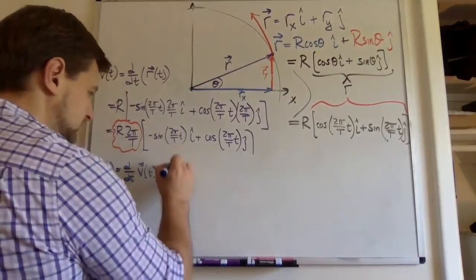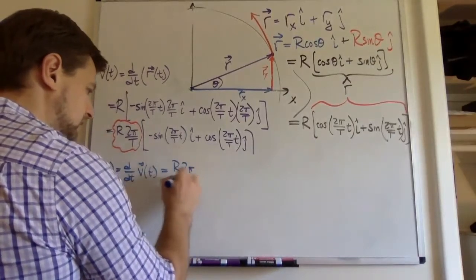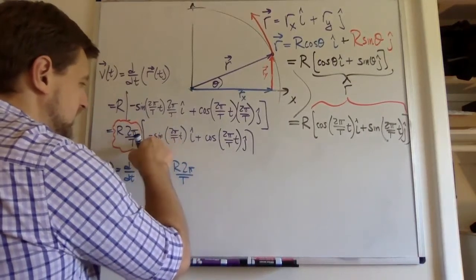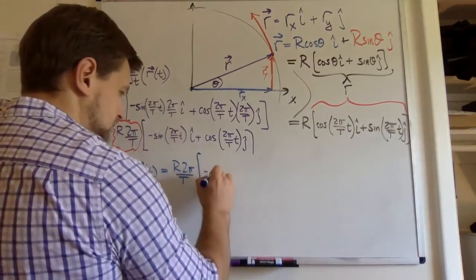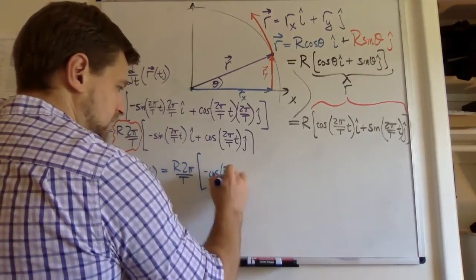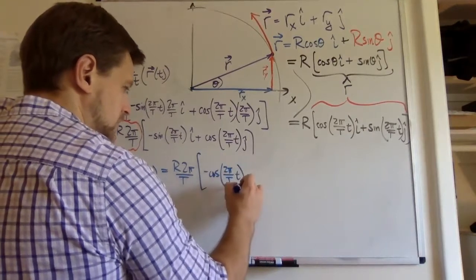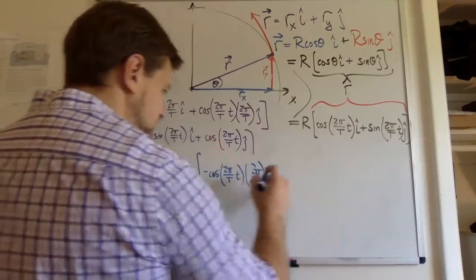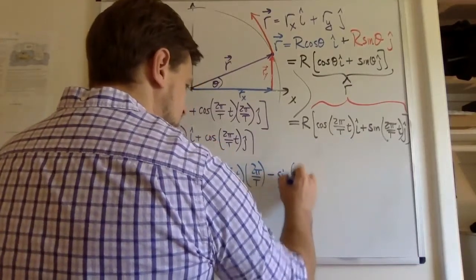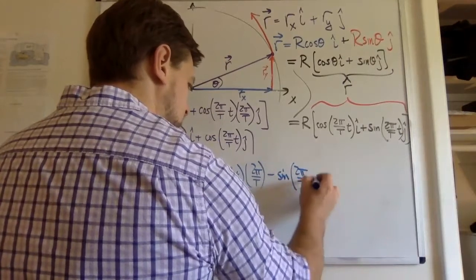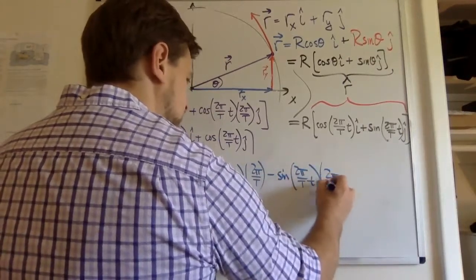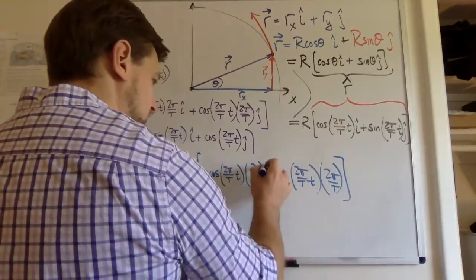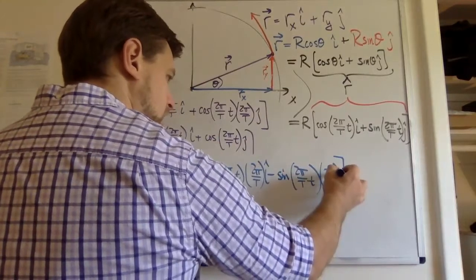We can leave it out front here, r 2 pi over capital T. Here, the derivative of negative sine is negative cosine, the argument, times the derivative of the argument. The derivative of cosine is negative sine, the argument, times the derivative of the argument. Oops, but I forgot i and j.